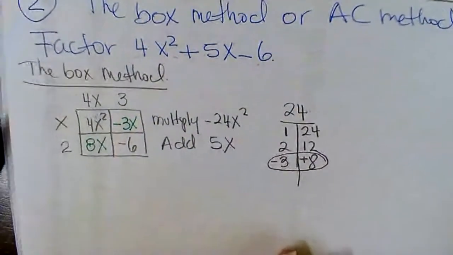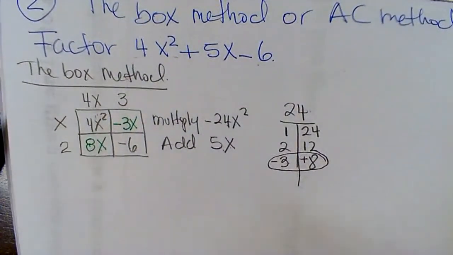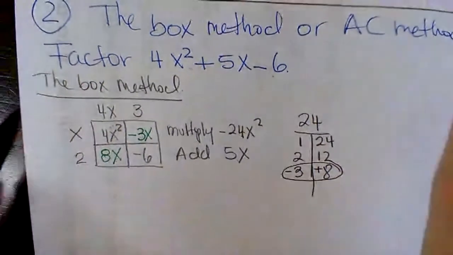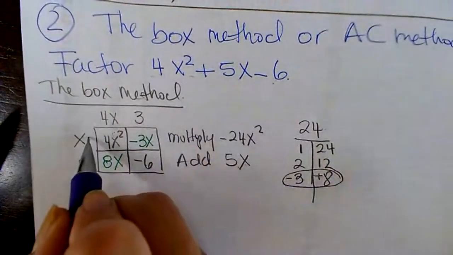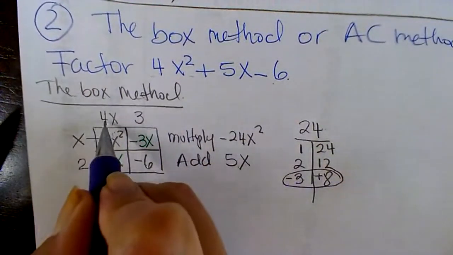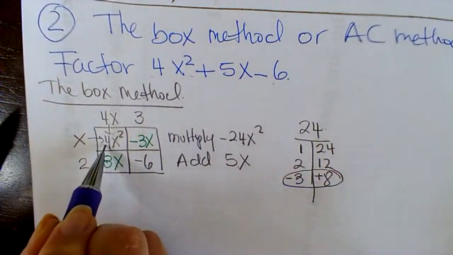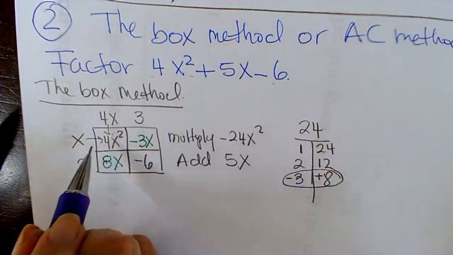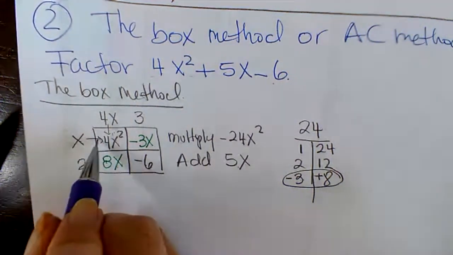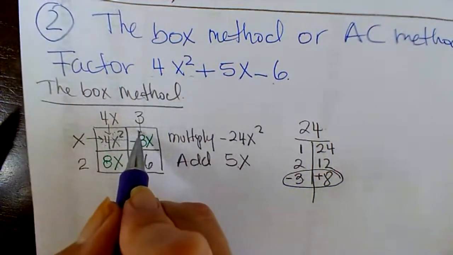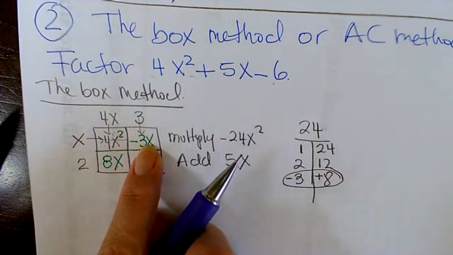Now, if I multiply x times 4x, what do I get? 4x squared. If I multiply x times 3, what do I need?